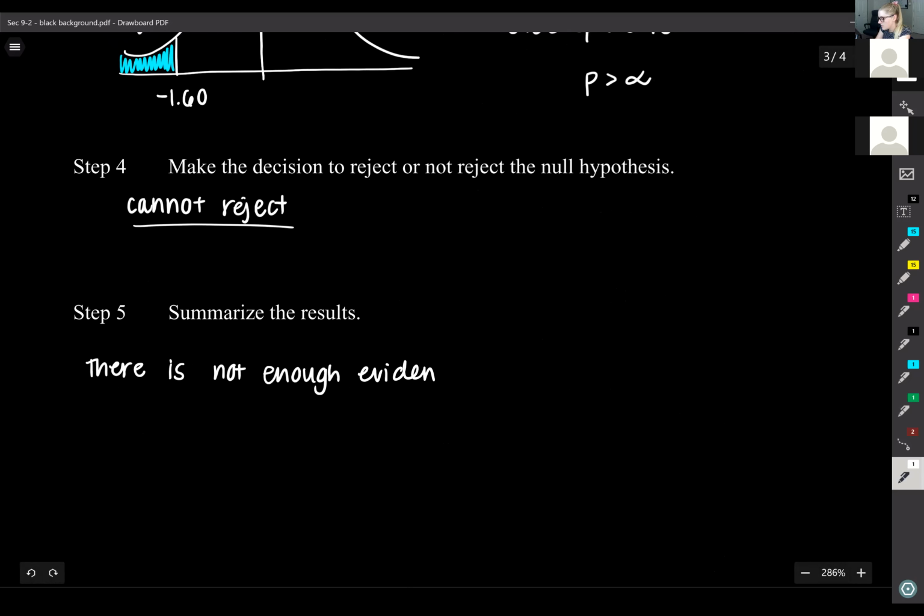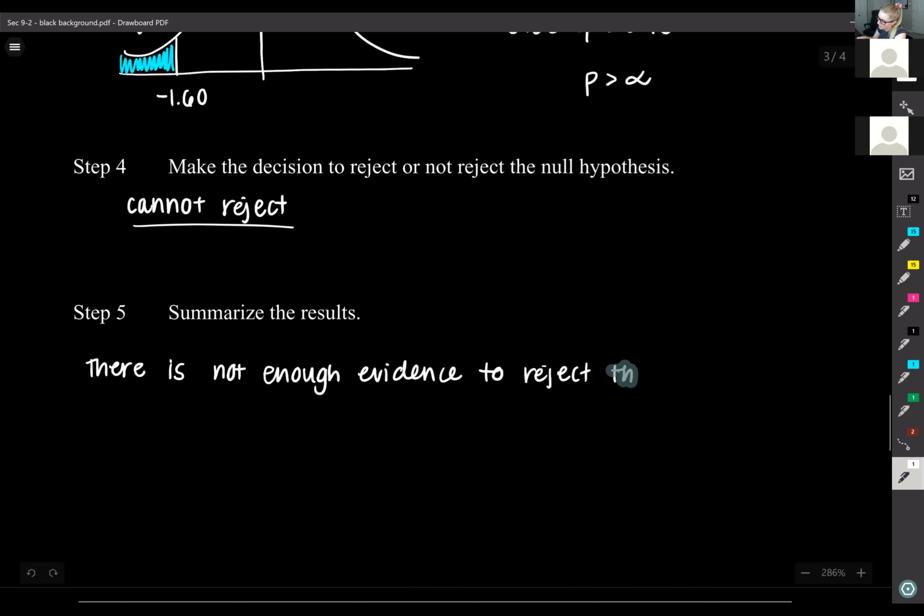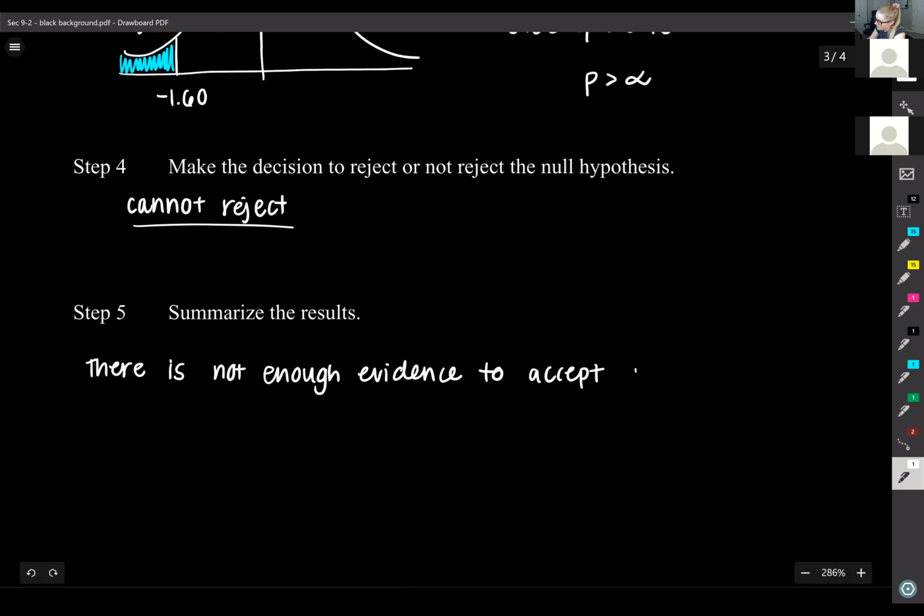Our claim was that male nurses make more.